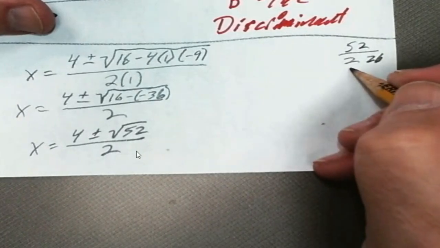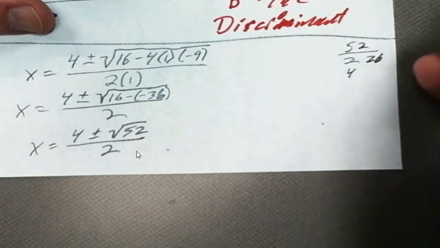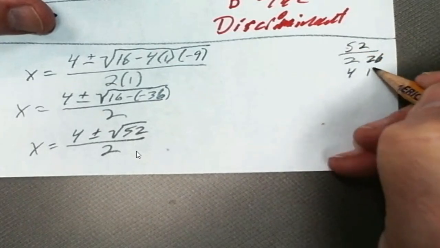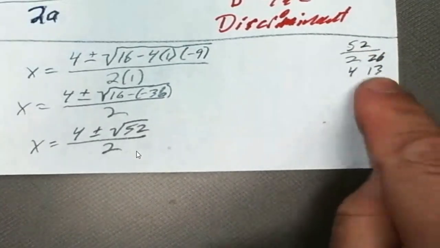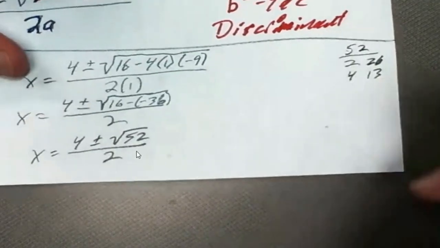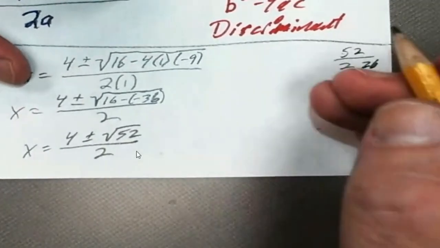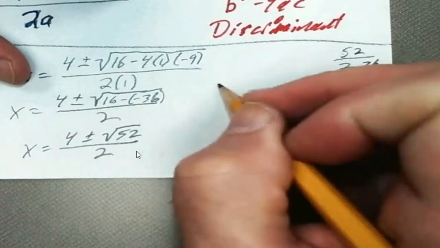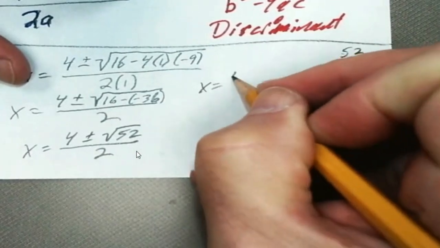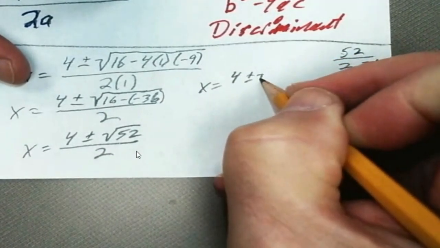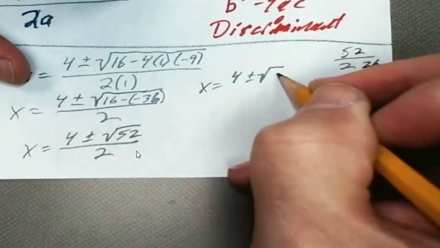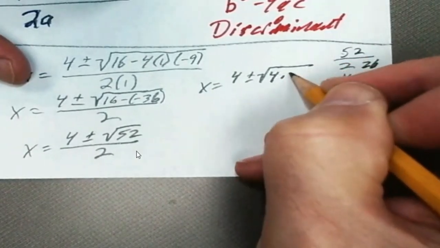If 4 goes into that, 4 times 13 is 52. And 13 is a prime number. So we could rewrite this: x equals 4 plus or minus the square root of 4 times 13.